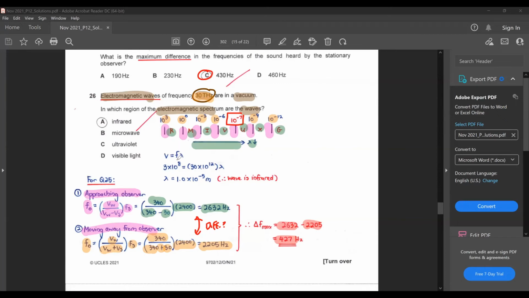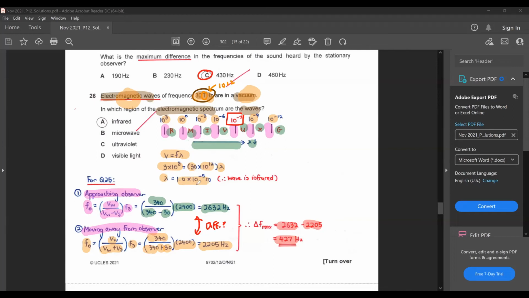You just use the equation v equals f lambda. Because this is an EM wave in a vacuum, I know the speed will be 3 times 10 power 8. My frequency is 30 terahertz. Tera is 10 power 12, so it's 30 times 10 power 12, multiplied by lambda. Lambda is 1 times 10 power minus 5 meter.